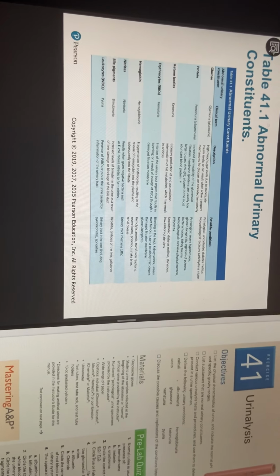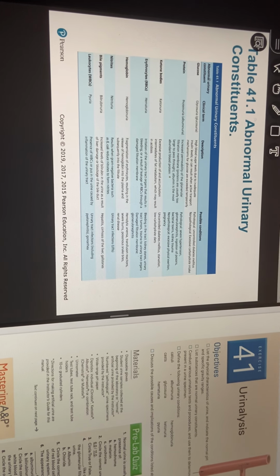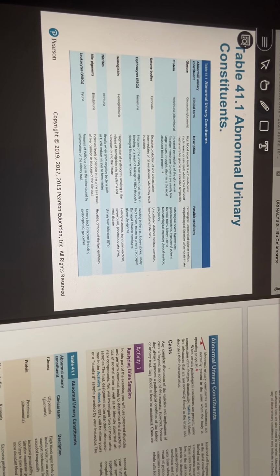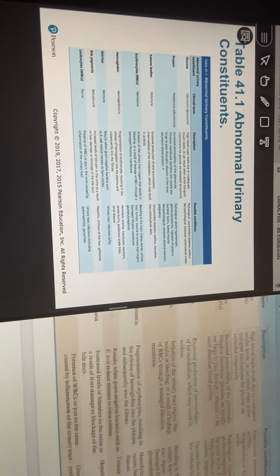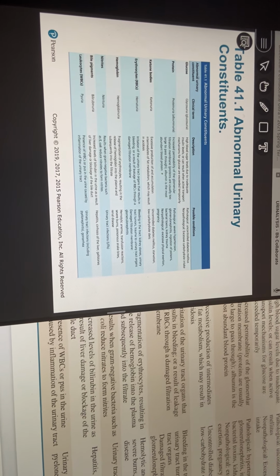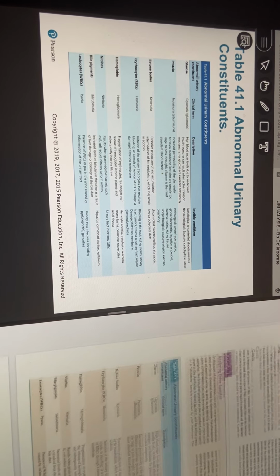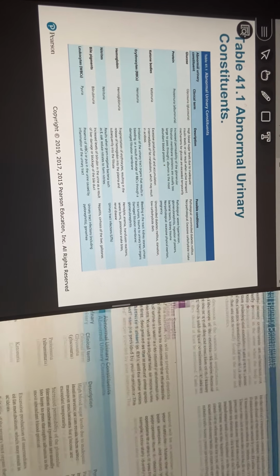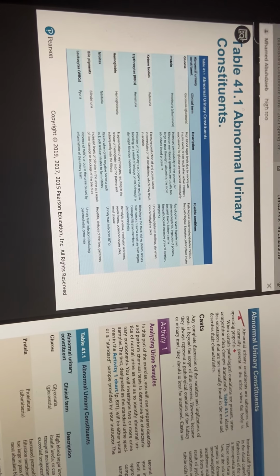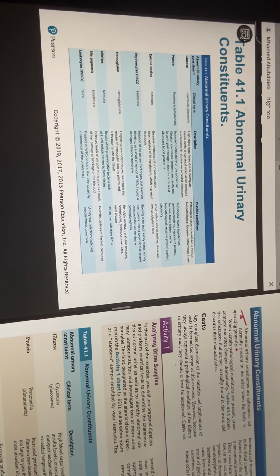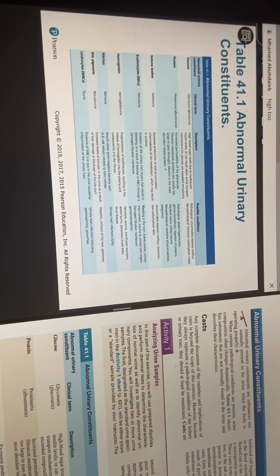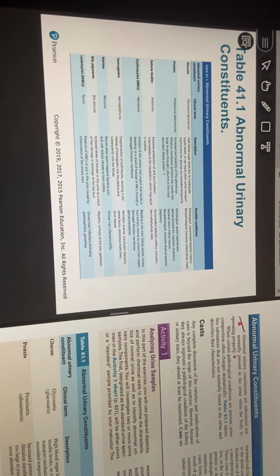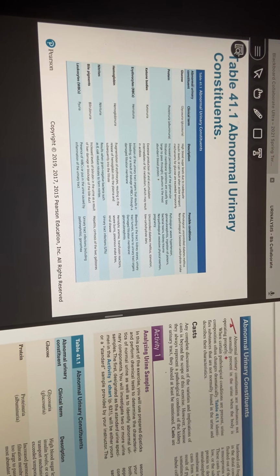In glomerulonephritis, if you remember, there is hematuria, there is albuminuria, proteinuria, right? So what will be the specific gravity? There is high specific gravity because there is more albumin there. There is more blood, red blood cells. Okay.